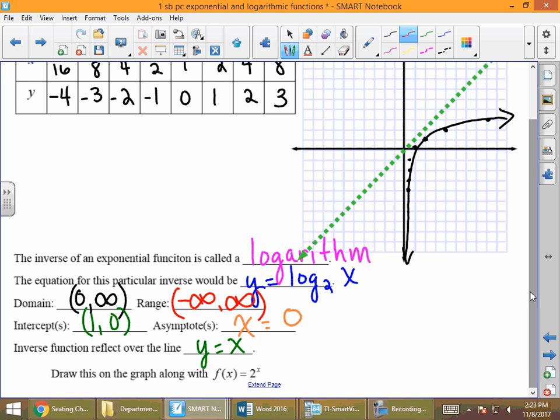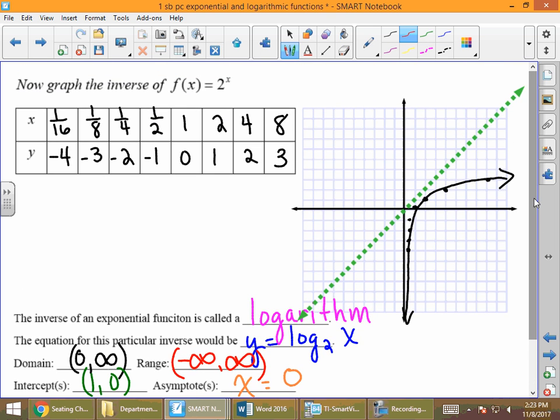So we already drew it, but our graph of f of x equals 2 to the x is the same one that we had above here, which was the -4, 1/16, and the -3, 1/8, and the -2, 1/4, and the -1, 1/2, and then we have 0, 1; 1, 2; 2, 4; and 3, 8.